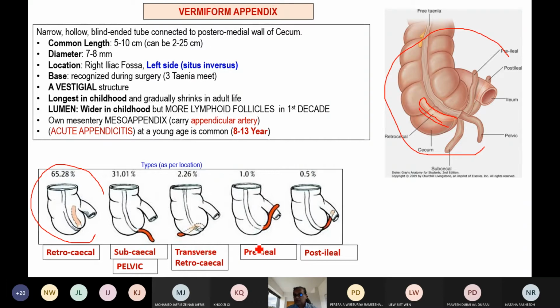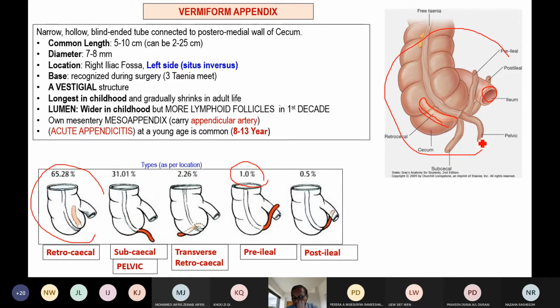Then the other two are very important: one in front of the ileum, another behind the ileum, pre-ileal and post-ileal. Out of these, one requires your attention. What is that? Pre-ileal, because in front of the appendix, dangling below, is your greater omentum.